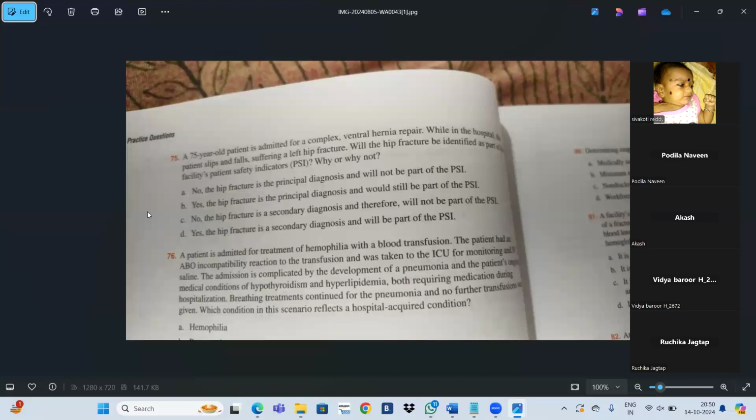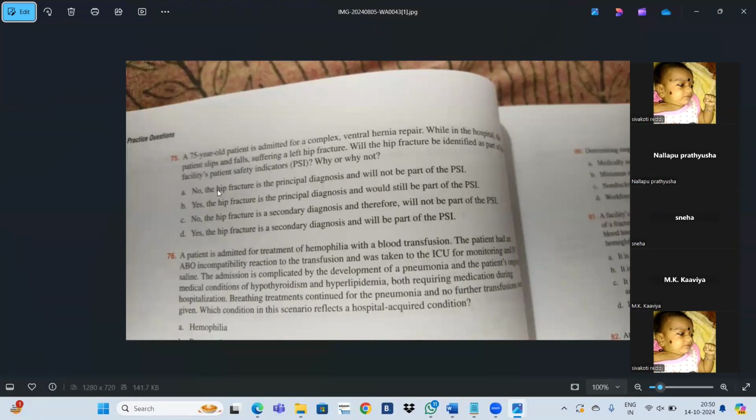D. See, remember why we need to choose PDX? The reason for the admission was ventral hernia. So ventral hernia was the PDX, not fracture, right? The condition developed in the hospital, they were not admitted for fracture.